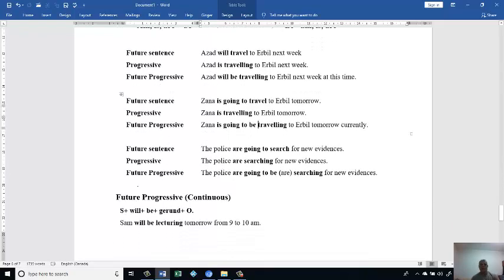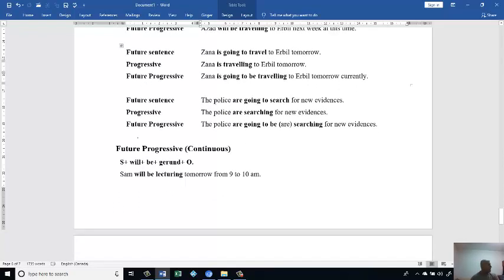And then sometimes we have police, which acts as a plural. The police are going to search for new evidence, simple future. Then we have the continuous progressive, or you could say present progressive: the police are searching for new evidence.